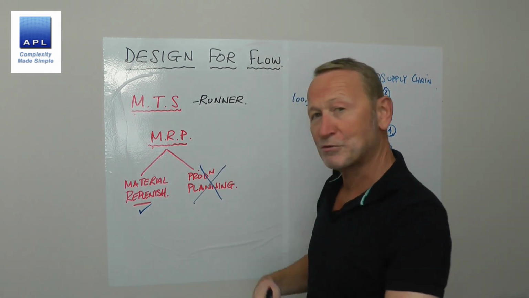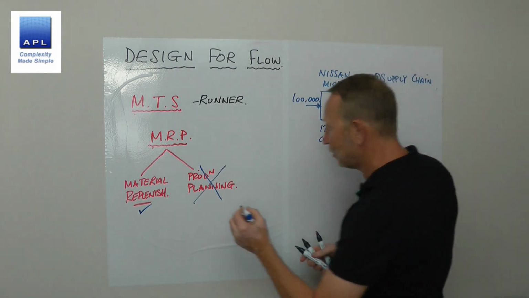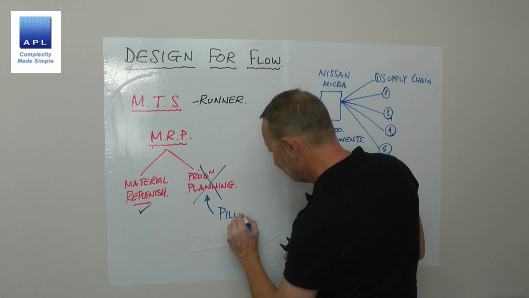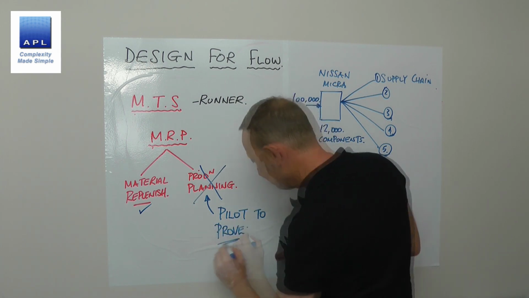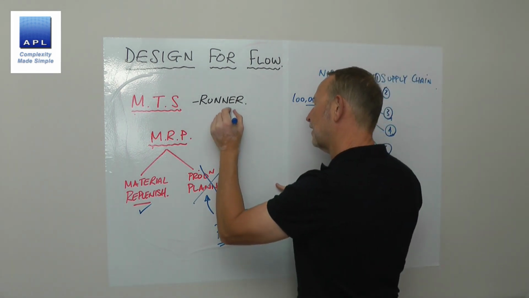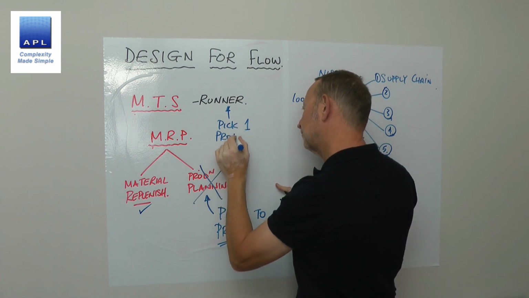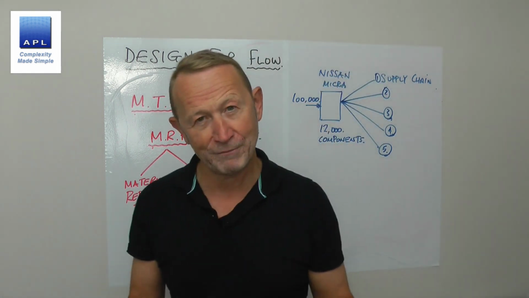But the way that we do it isn't to do the whole system all at once. What you're going to do is a pilot to prove. You're going to pick maybe one product, or if it makes more sense, one product family.